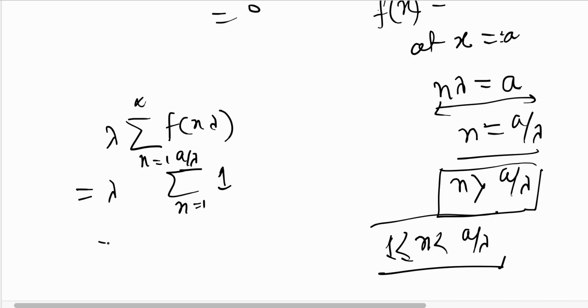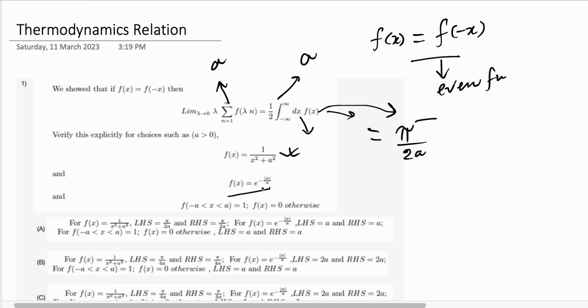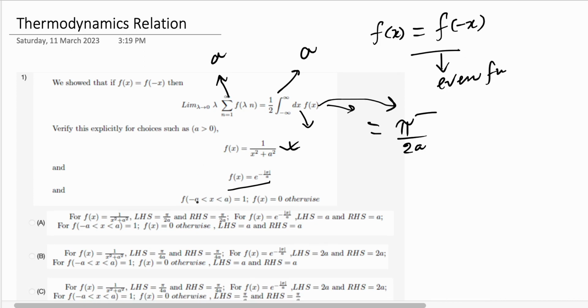So this summation is nothing but lambda times the sum of 1s. If I sum 3 ones, it will give 3, so if I sum a by lambda ones, it will give a by lambda. That means it becomes a. So the left hand side for this f(x) becomes a.